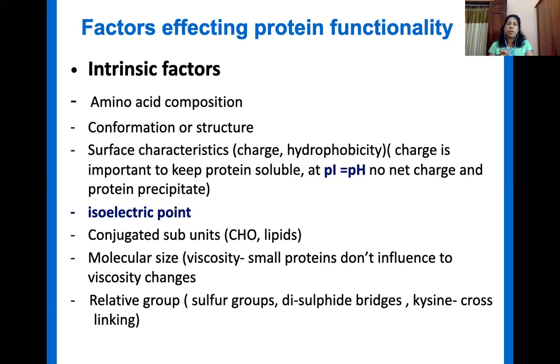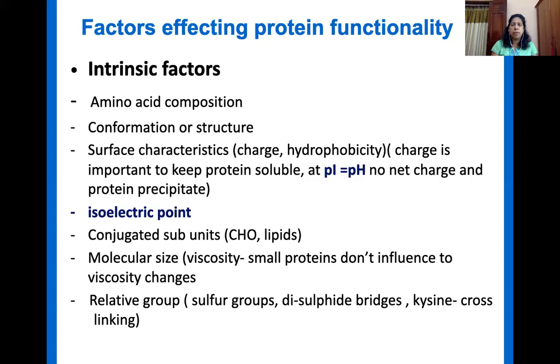If there are negative charges or positive charges, repulsion is there. Repulsion means the proteins are not coming together, they are going away, therefore the solubility will be increased.